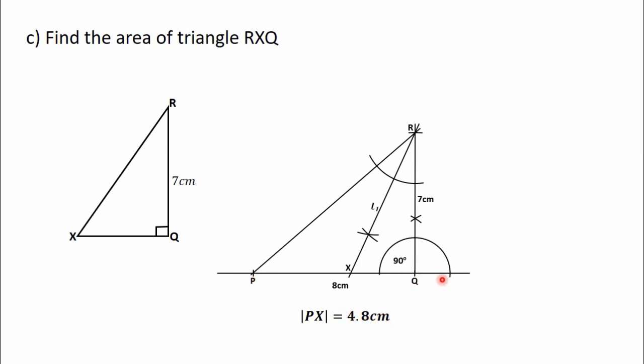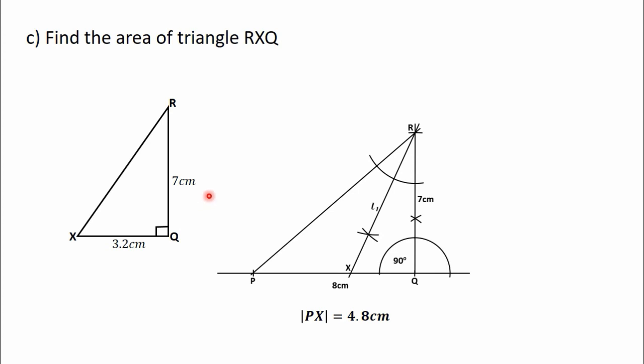So if PQ is 8 centimeters and PX is 4.8 centimeters, then XQ will be equal to 8 centimeters minus 4.8 centimeters. 8 centimeters minus 4.8 centimeters will give us 3.2 centimeters. This means that the length of XQ is 3.2 centimeters. We now have the height and base of the triangle, so we can find the area.